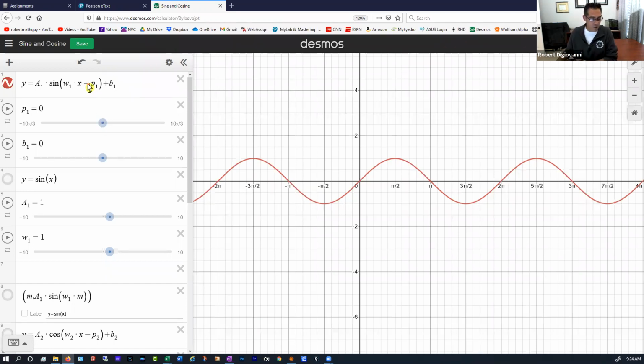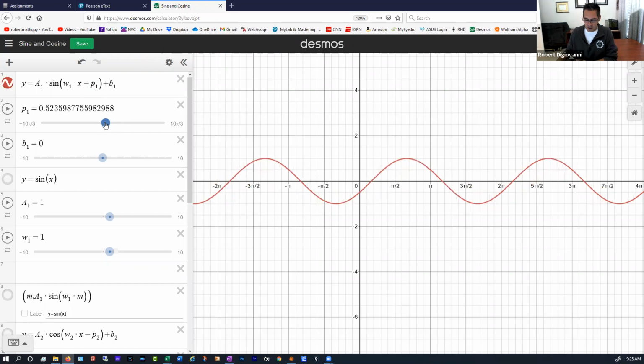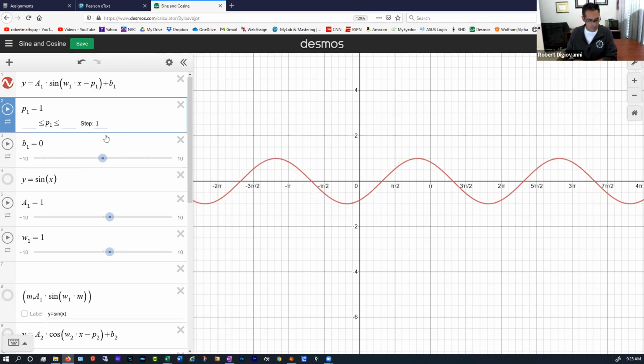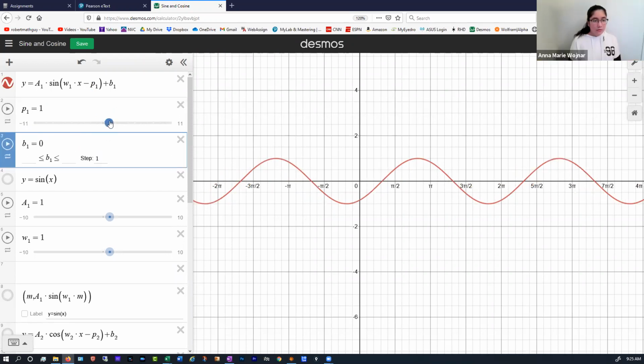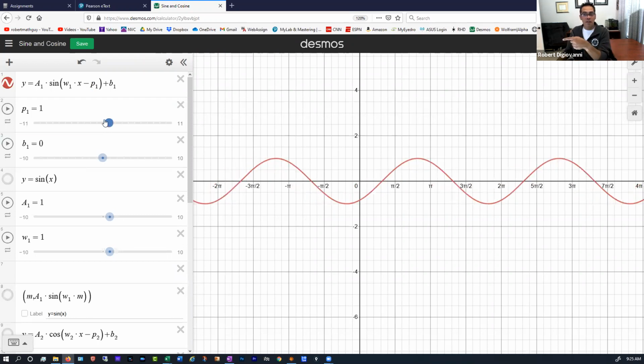So let me just show you. I'm going to subtract a number right now. I'm actually subtracting pi over 6. You can't tell there. Let me change this to just step. Let me make it 1, and that way it's a little easier. Okay, there we go. So if I subtract the number 1, look what happens to the graph. It moved to the right. You see that?